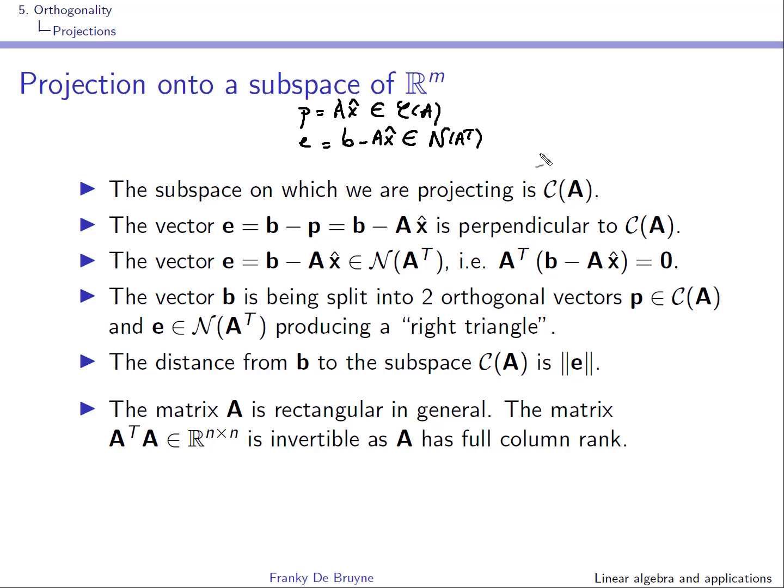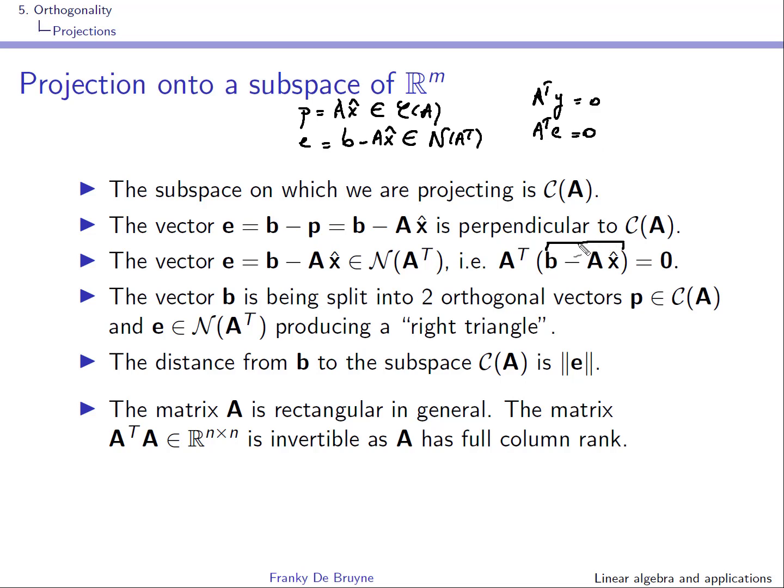So E must be in the left null space, and the left null space is all vectors y such that A transpose y is equal to 0. So this means here that A transpose E must be equal to 0.